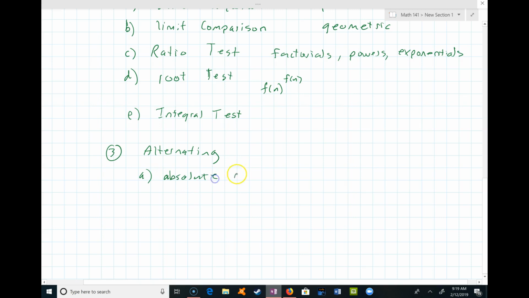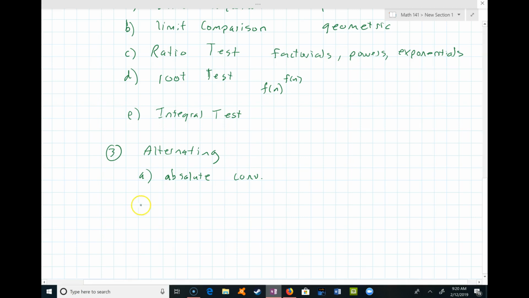Usually if you can take the absolute value of it and it easily can show this converging, then that's a good way to do it, because if it converges with the absolute value around it, that means it converges without the absolute value around it.